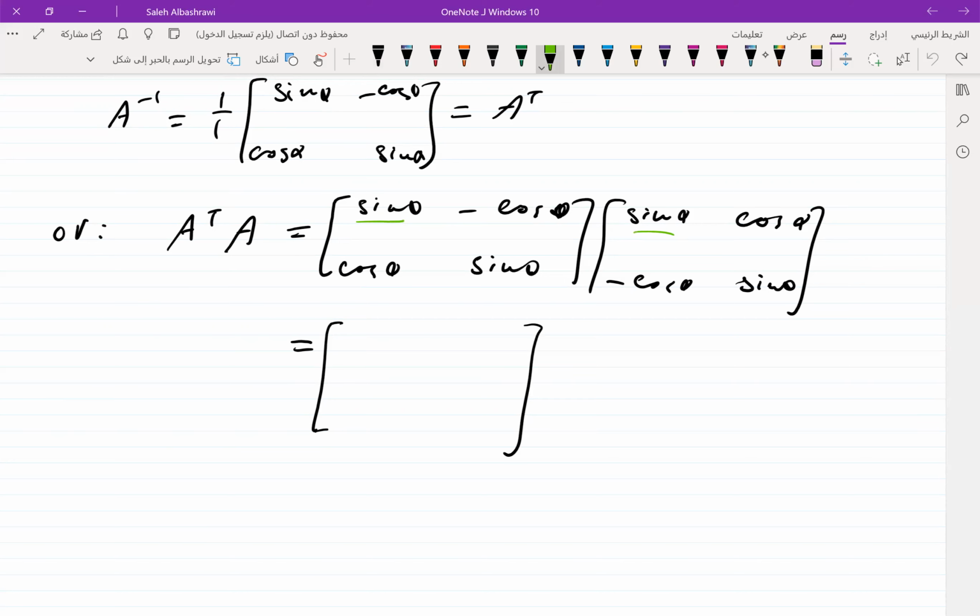Sine times sine gives sine square, minus cosine with minus cosine will be plus cosine square.